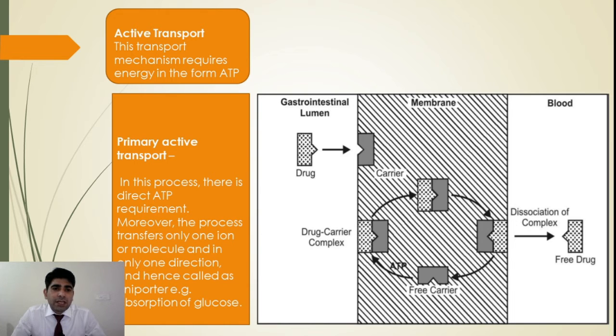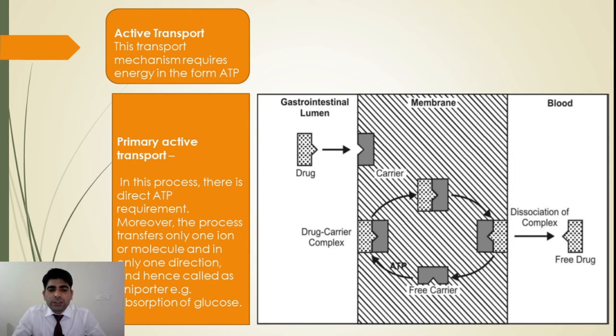In this slide we are discussing primary active transport. Primary active transport is the transport in which direct ATP requirement is there, and in this process the transfer of the drug, molecule, or ion can take place in only one direction, one molecule in one direction at a time, so it is called a uniporter.